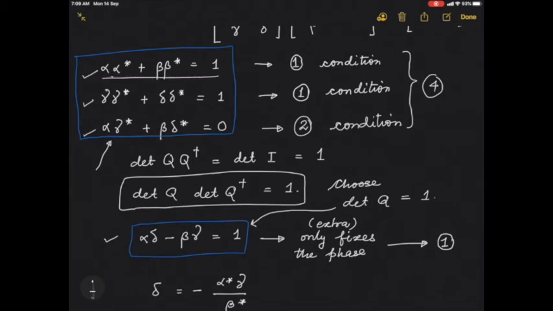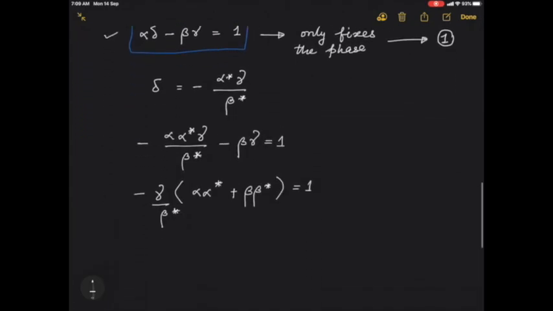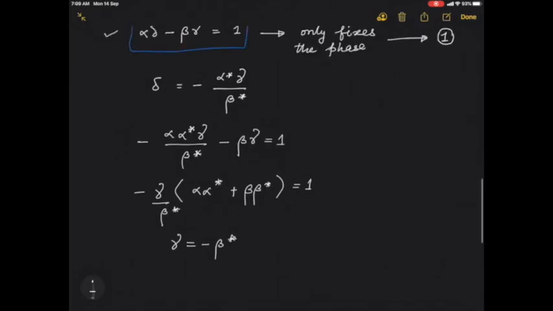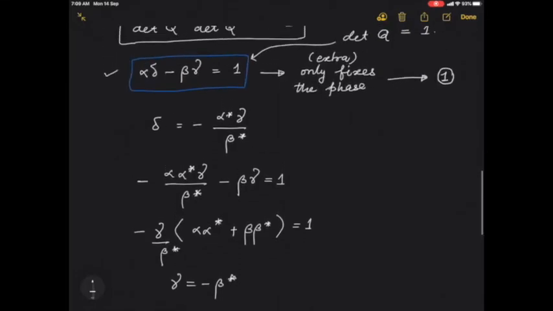But you see alpha star is already 1, which means this gives me gamma as minus beta star, right?